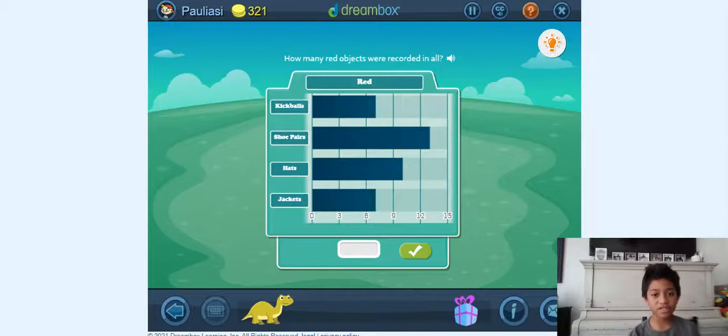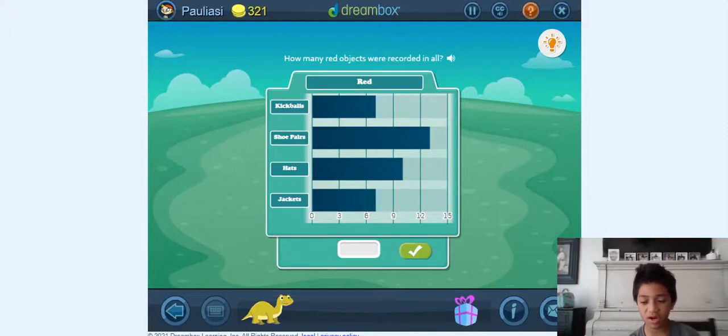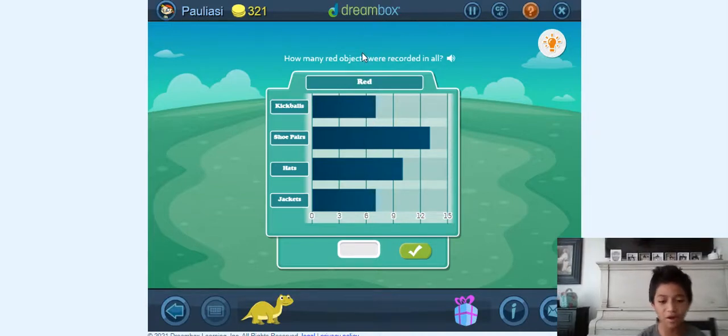So now it says how many red objects are there in all. That means how many red objects are there in all. So there are 7 kickballs, and there are 13 shoe pairs. And how many hats?